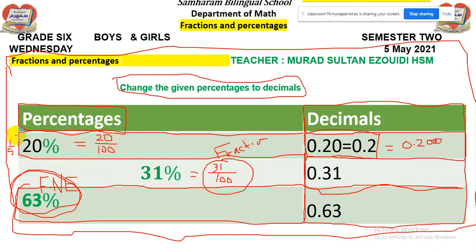Both these two questions will be included. Then we continue. We said 63. I will write here 63 divided by 100. Clear?